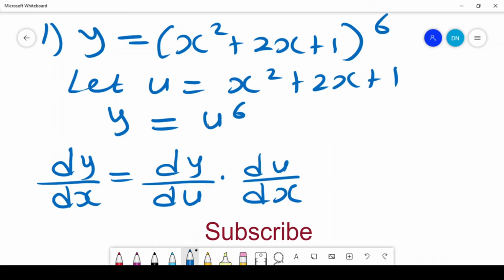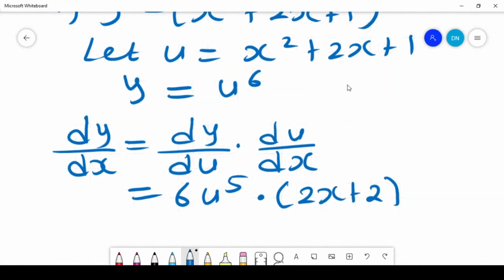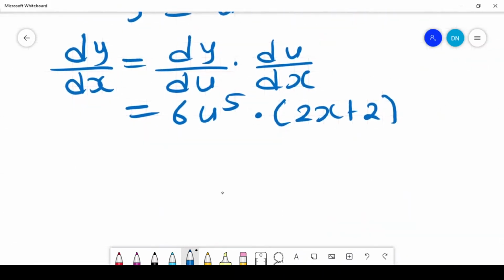Now, if I differentiate y with respect to u, I'll get 6 u raised to power 5. And then if I differentiate u with respect to x, I get 2x plus 2. And so that is what we call the chain rule. It makes it simpler for you to differentiate such equations.